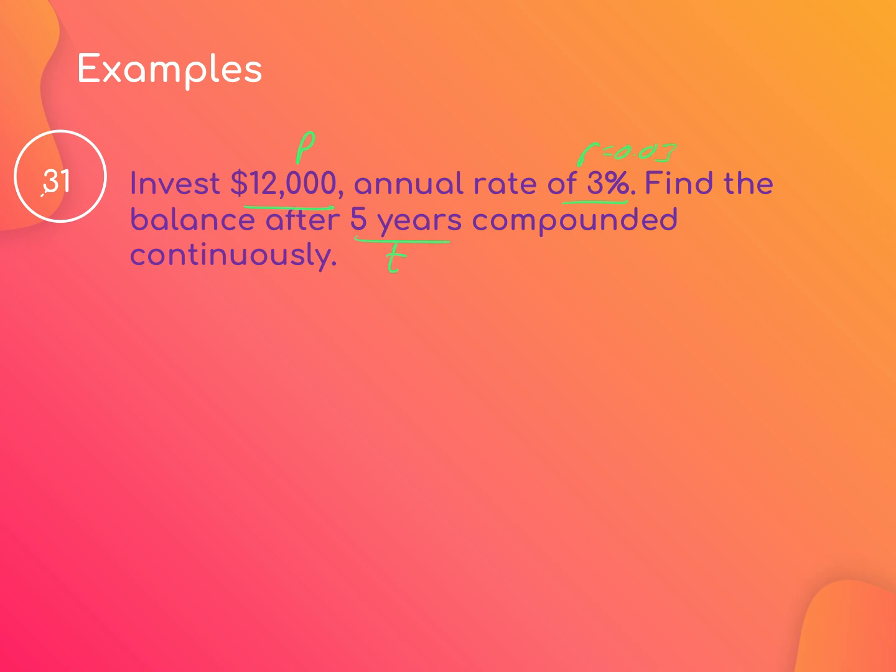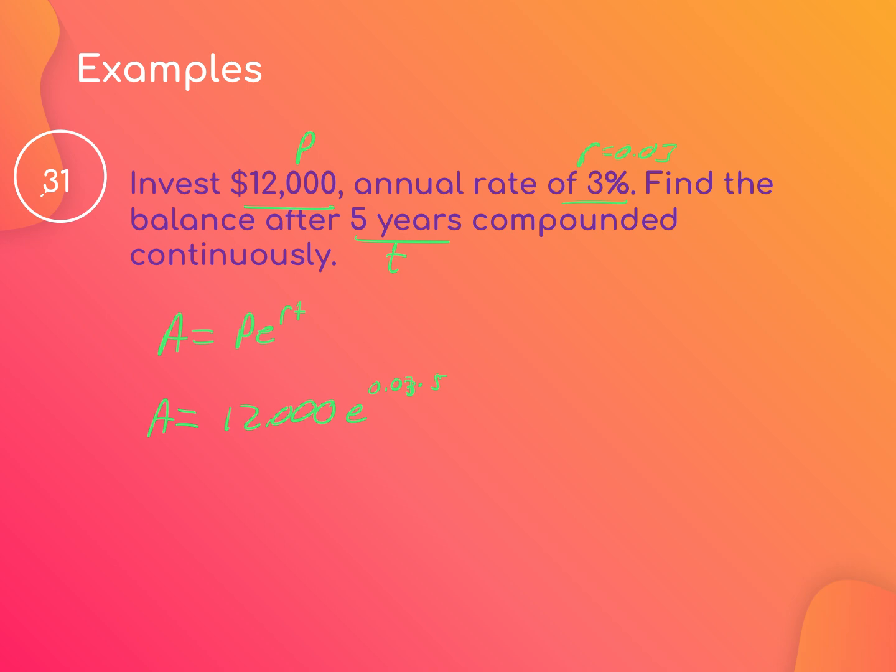I know that's t. Compounded continuously, we're going to use this formula, A equals P e to the r t. So I'm going to have A equals, my principal is 12,000, times e to the 0.03 times 5. Plug everything in. e is a button on your calculator.